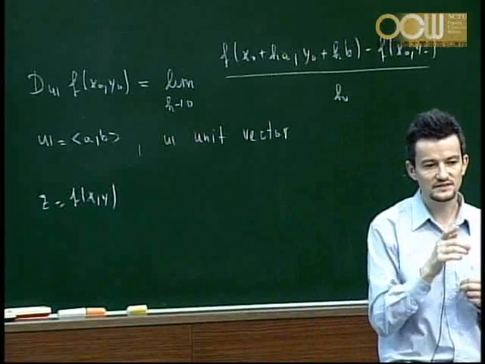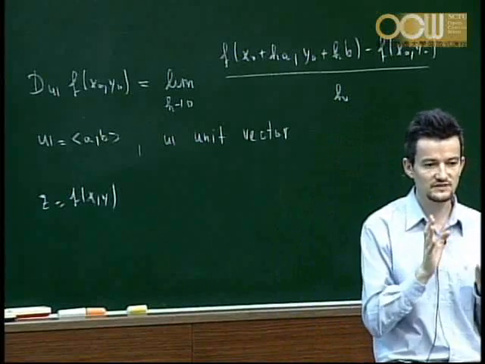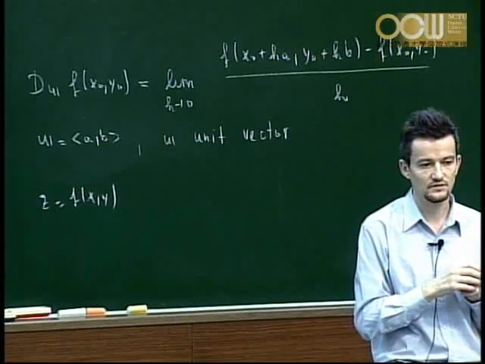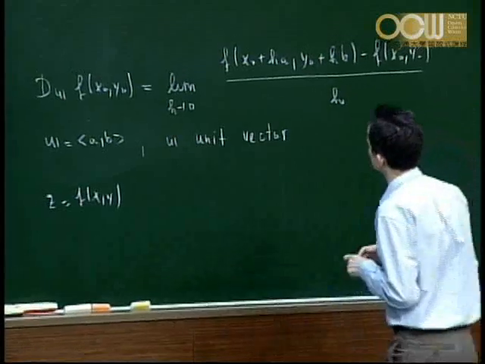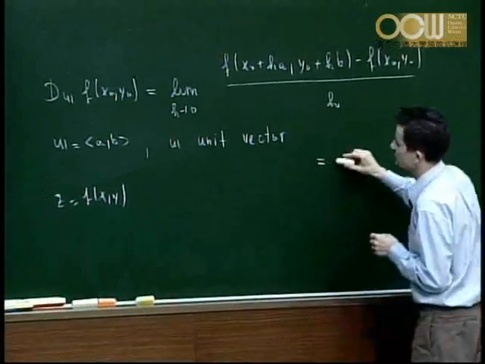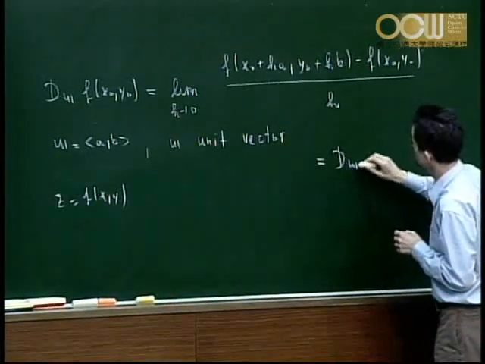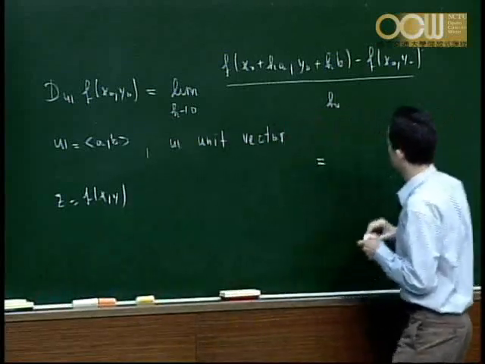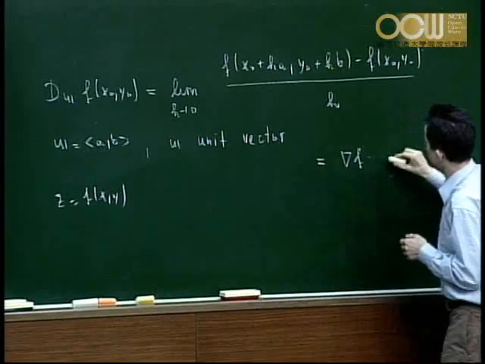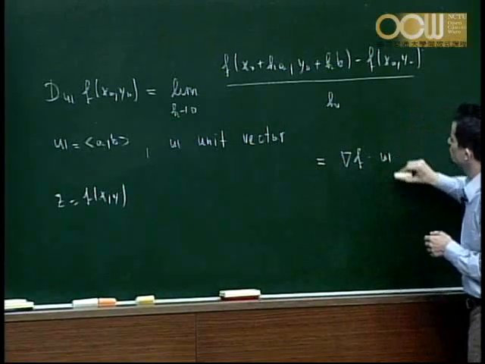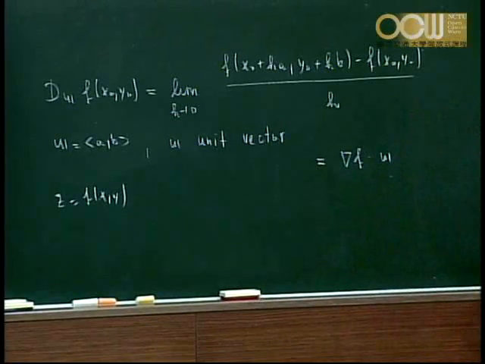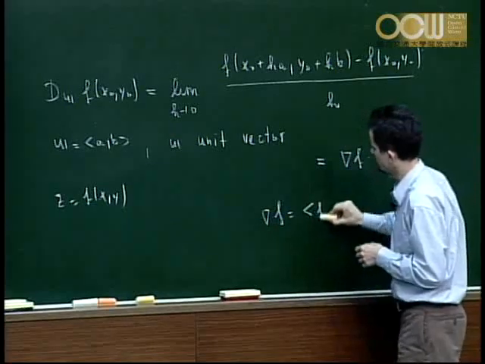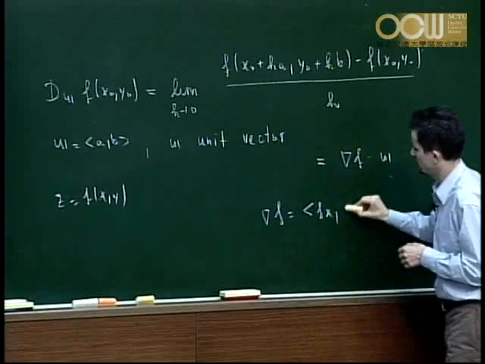You have to notice that the direction is not necessarily a unit vector. And if you want to use the formula which we have seen last time, if f is differentiable, you can use the gradient times u in order to compute the directional derivative, where the gradient is defined as the vector of the partial derivatives.